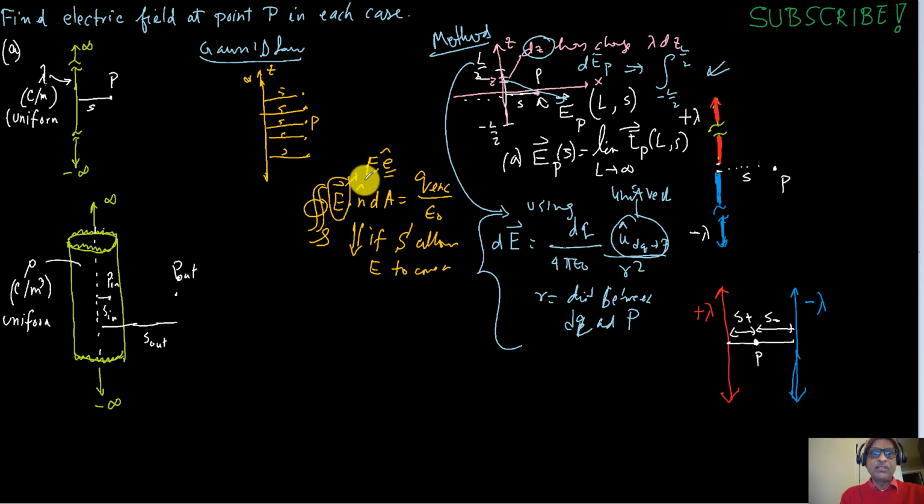So this is a unit vector in the direction of the electric field. If that happens, then this electric field will come out, and on the surface you have E hat dot n hat dA equals Q enclosed over epsilon naught.